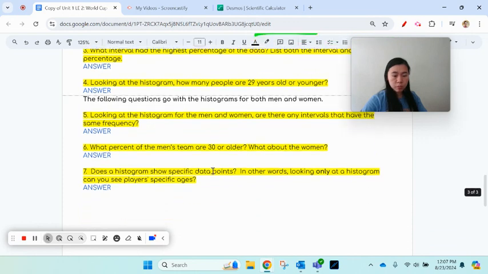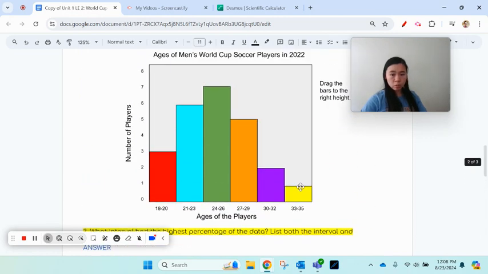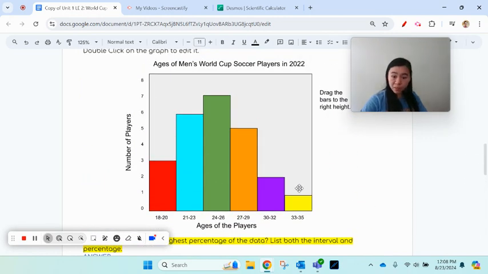And last question. Remember, if I'm going too fast, you can always rewind it and watch it again. Good part about a video. Last question. Does a histogram show specific data points? In other words, looking only at the histogram, can you tell a player's specific age?